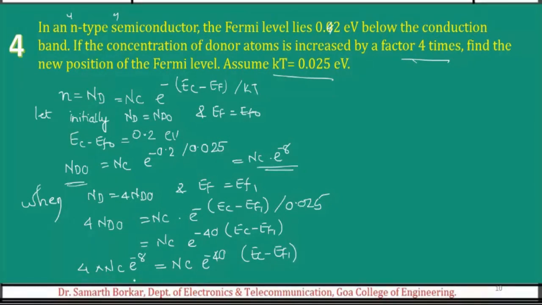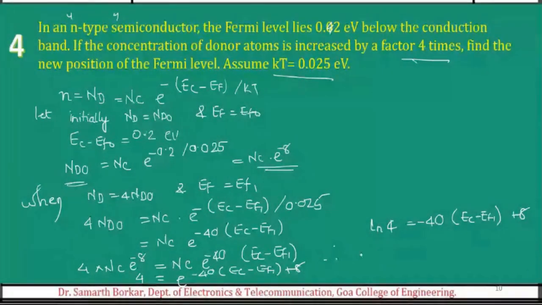So if you solve this, I'll just write the step: e raised to minus 40 into Ec minus of EF1 plus 8. Taking the natural log on both sides, what we get is ln 4 equals minus 40 into Ec minus of EF1 plus 8. So what we are interested in finding, the new Fermi level, Ec minus EF1, is 0.165 electron volt.